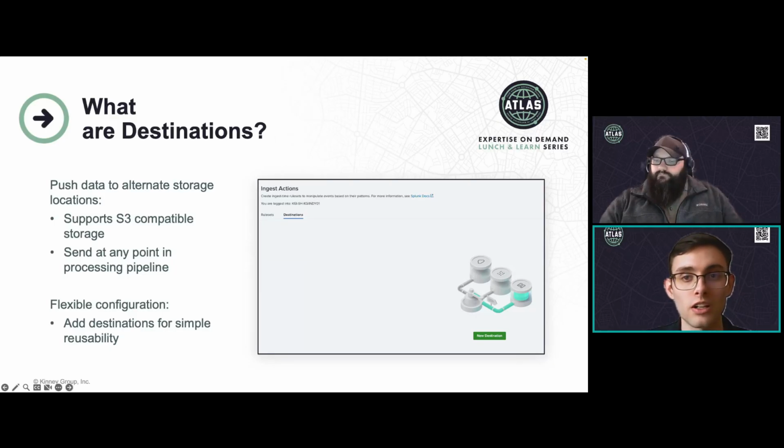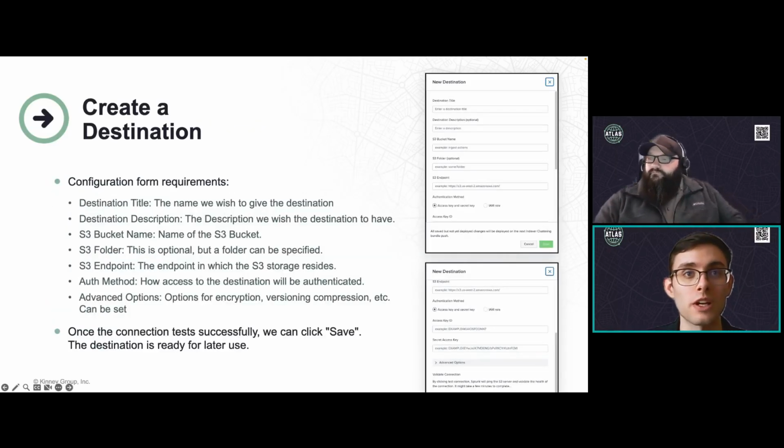We are including on this next slide a bit of a breakdown just to give you some help as you're walking through creating a destination yourself, the form that you'll be presented with and the contents to fill it out with. This is very simple. It's essentially S3 metadata identifiers, information for being able to access that storage. And as I mentioned, you'll be able to introduce this at any point in your pipeline and direct to various S3 locations.